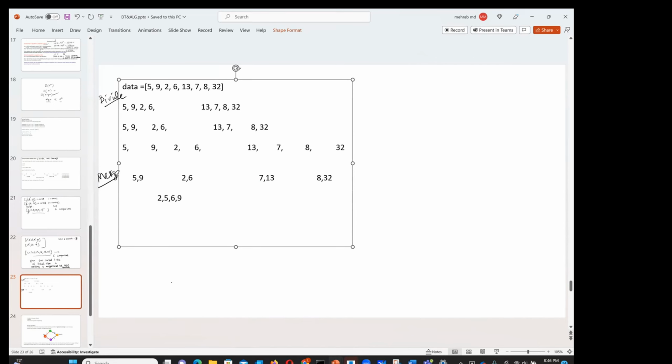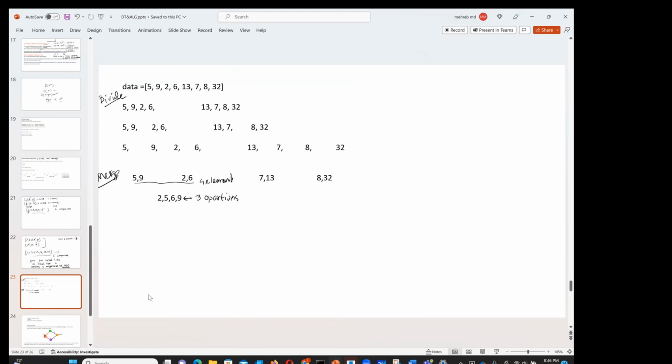Yes. So these had 4 elements, and minus 1. So after 3 operations, I got to this, right? I showed you already how the merge works, right?